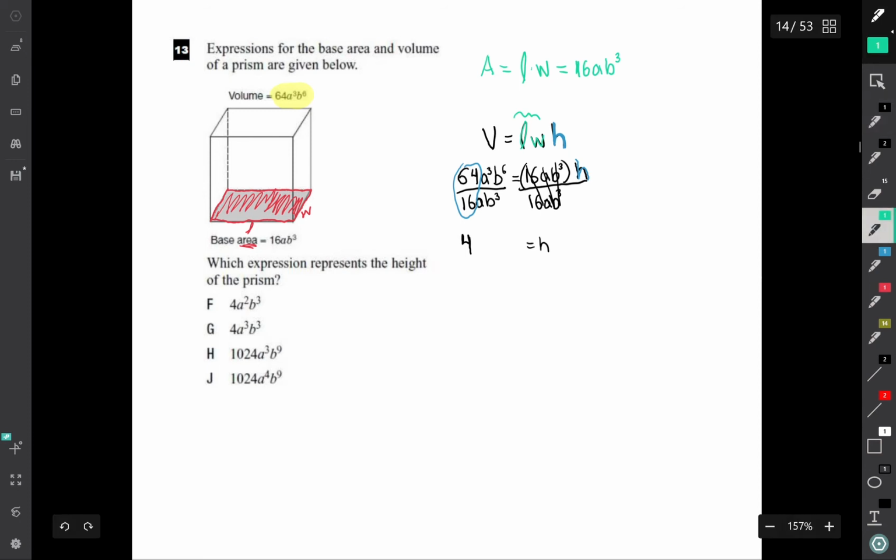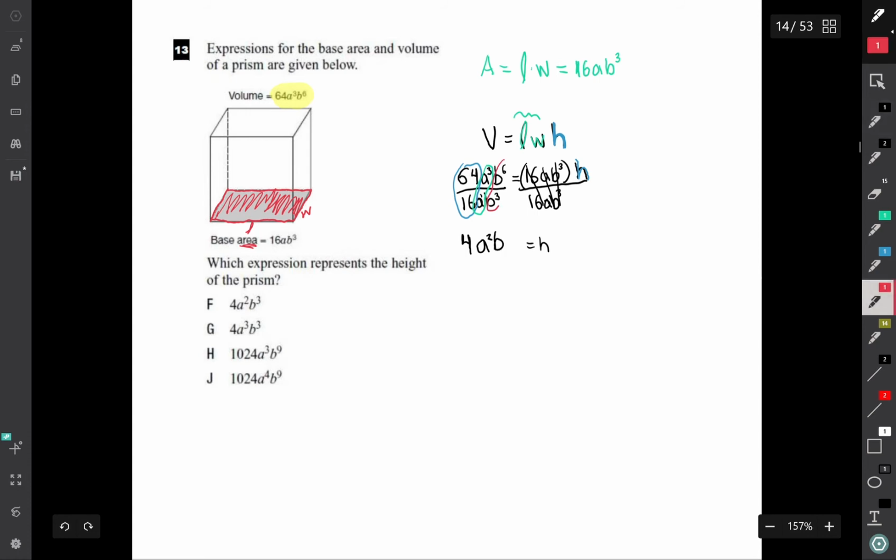Now we're going to simplify our a term. We're using the quotient law, so the new exponent on a is going to be 3 minus 1, so 2. And finally, we'll simplify our b term.